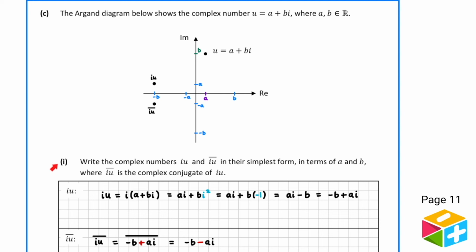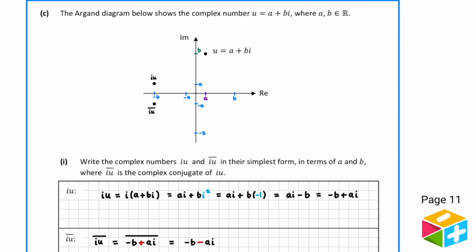But first, let's focus on part I. Here, we must calculate IU and IU conjugate. Well, U is equal to A plus BI. So I times U can be written as I times A plus BI. Multiplying out the brackets, I times A is AI, and I times BI is BI squared.